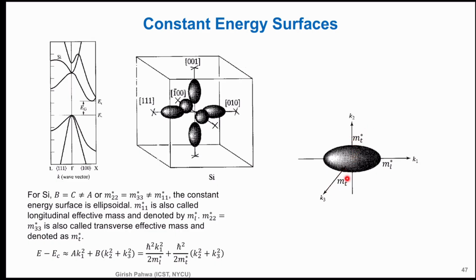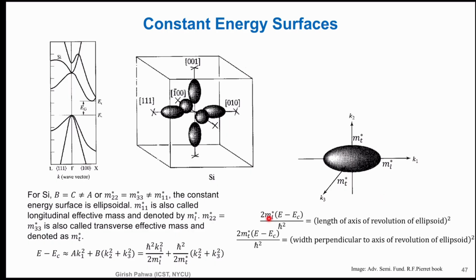Okay. So if I want to relate the length to the ML and MT, then we can do again the same thing that we did. So 2 ml star into E minus EC by H square is equal to the length of the axis of revolution of the ellipsoid. So this, the major one, and the square of that, right? And 2 mt star into E minus EC by H square, that will be the width perpendicular to the axis of revolution.